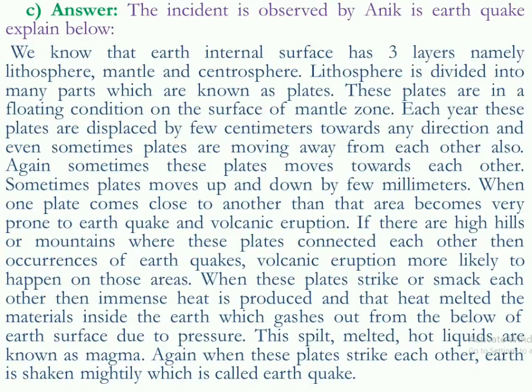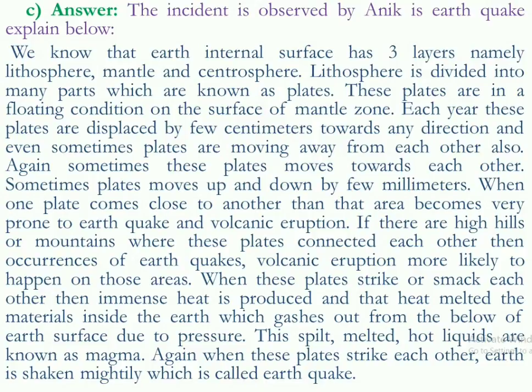These plates are floating on the surface of the mantle zone, that means the second layer. Each year, these plates are displaced by a few centimeters in any direction, and sometimes plates move away from each other also. So in this movement, sometimes they come towards each other and sometimes they move far from one another. Sometimes plates move up and down also by a few millimeters.